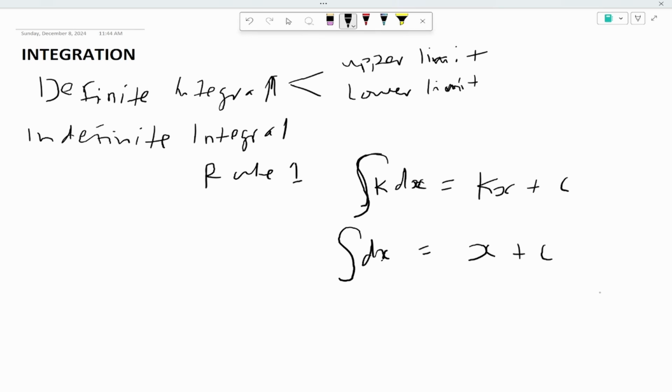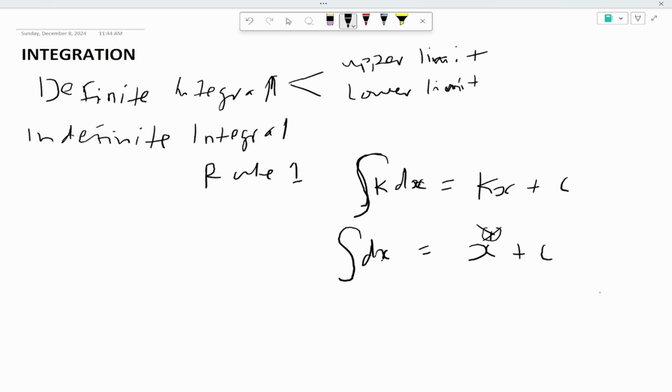Because in integration, since it is the reverse of differentiation, the power increases, but in differentiation, the power reduces. So where there is no variable, it means that when you integrate, the variable is assumed raised to power 1. Of course, we don't write raised to power 1, you understand?